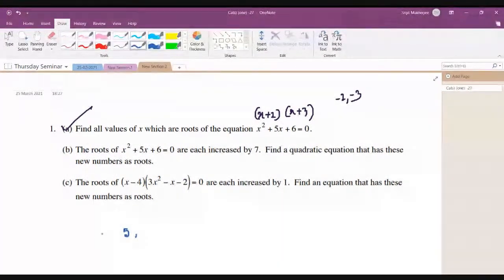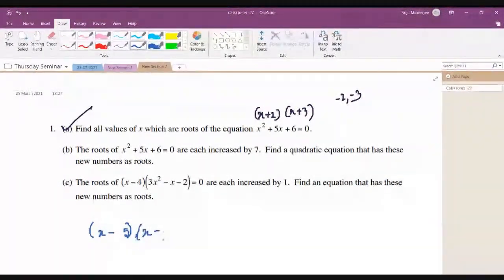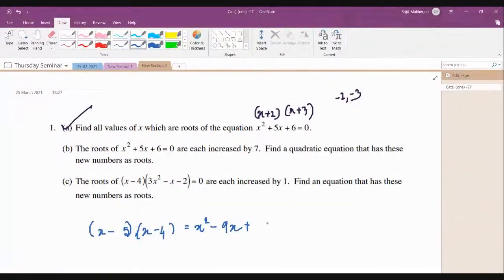So it's x minus 5 and x minus 4, which leads to x square minus 9x plus 20. That's also simple. The next question asks that the roots of this equation are now increased by 1. Find the equation that has these new numbers as roots.